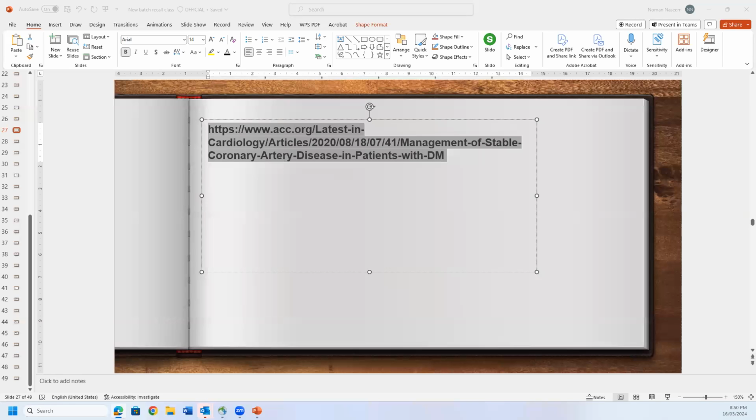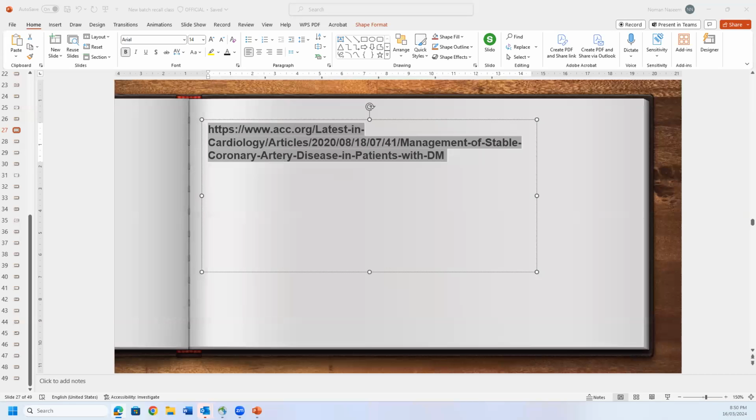The blood pressure controlling medications, the first line are the ACE inhibitors and ARBs. Second line is the calcium channel blockers and beta blockers. Dyslipidemia, we start the patient on statins, and if maximum dose of statin is not controlling the LDL level less than 1.8, then we add ezetimibe as well.